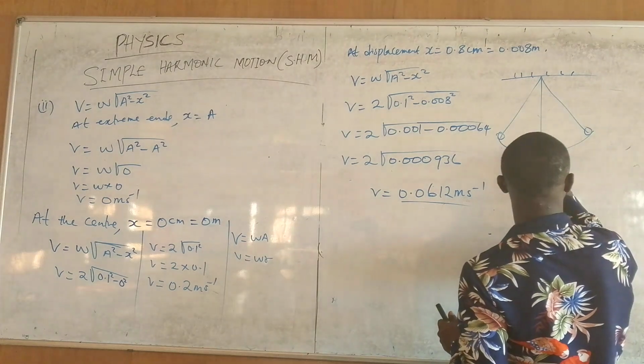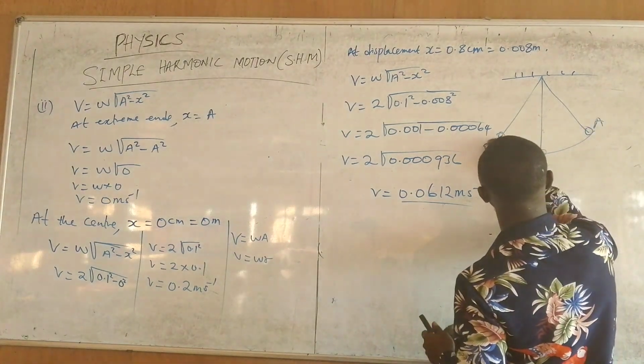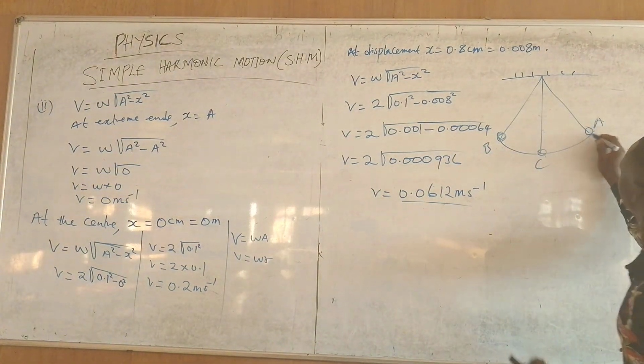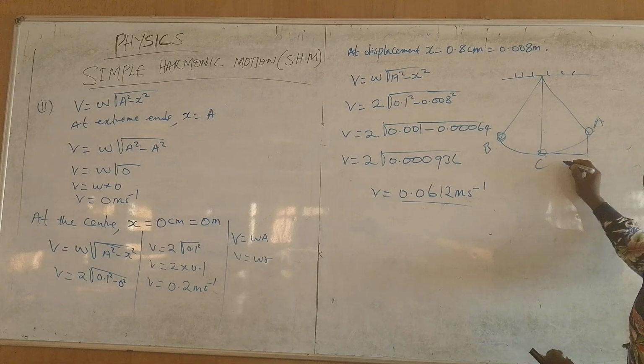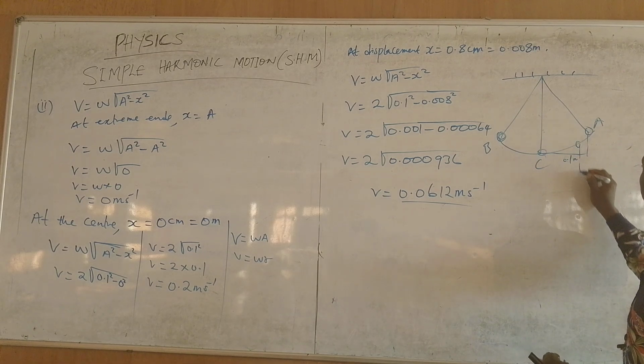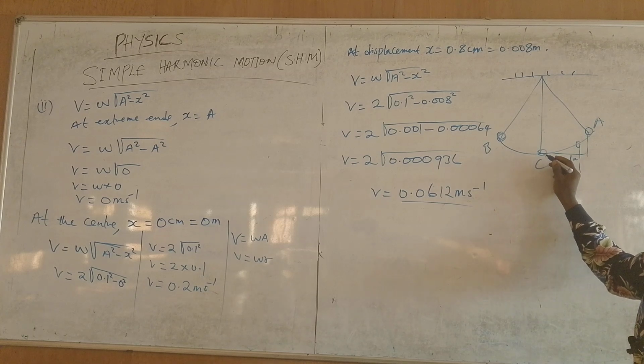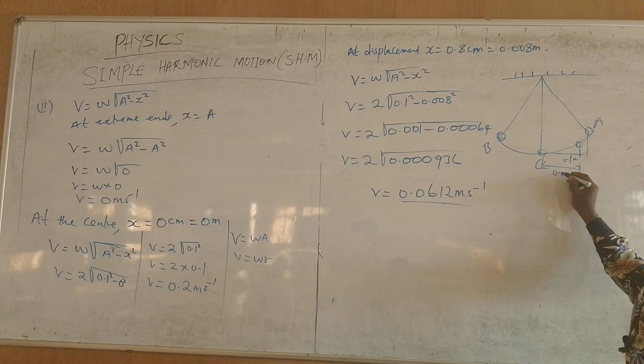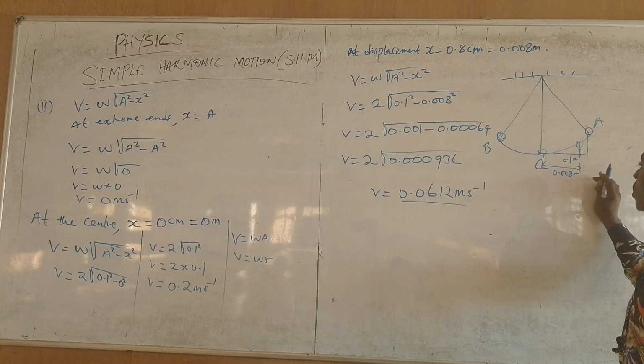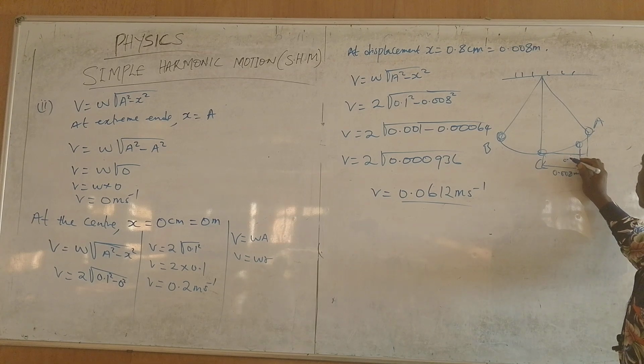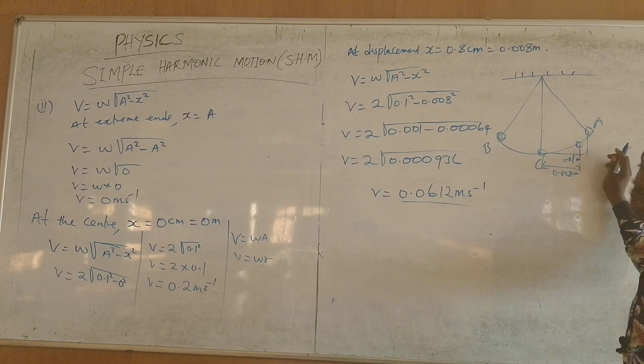So here is C, A, and B. Don't forget that here is 0.1 meter, then here, C is very far to the center.